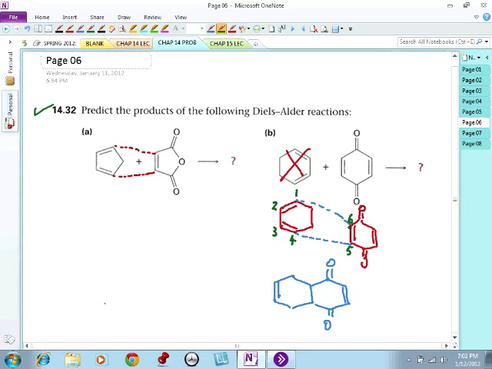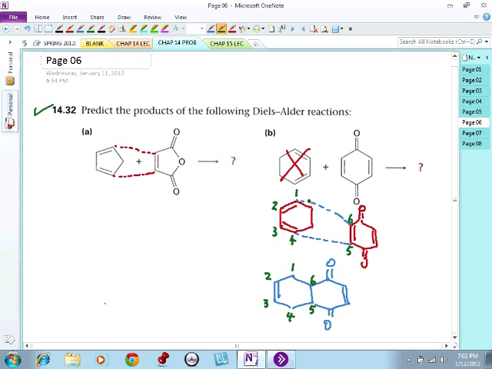Let's call this 6. So we come here, carbon number 1, 2, 3, 4, 5, and 6. You see that so far? Now what is missing? We are missing the bridge.